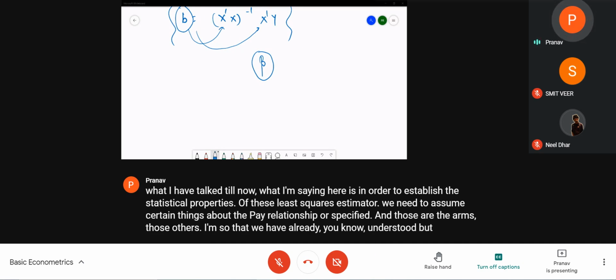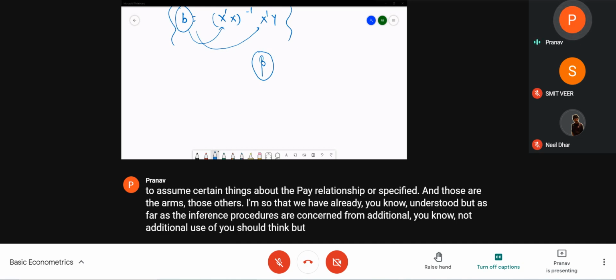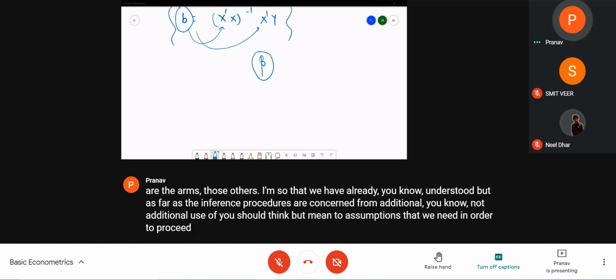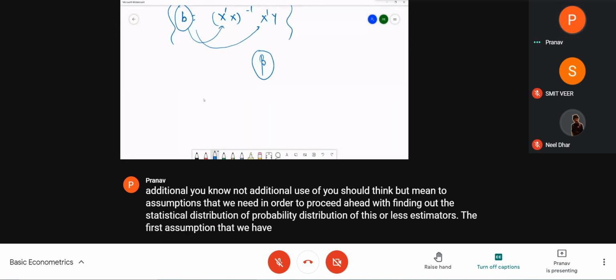But as far as the inference procedures are concerned, the main two assumptions that we need in order to proceed ahead with finding out the probability distribution of these OLS estimators.